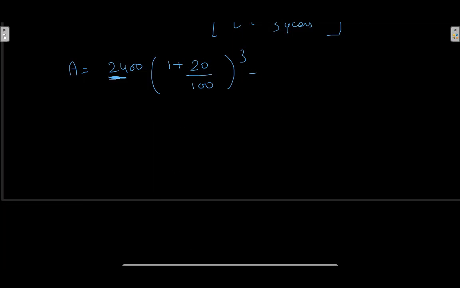So all this equals 2400 into (100 plus 20). Though it may look like it takes a little time, adding an extra step always ensures that you have no chance of committing a mistake.